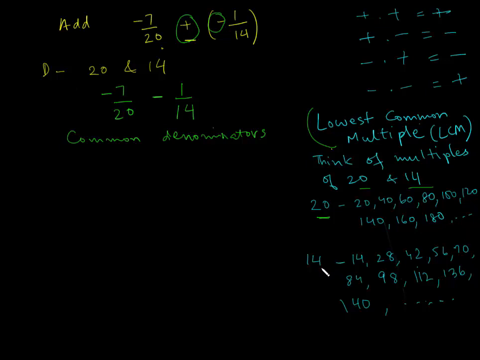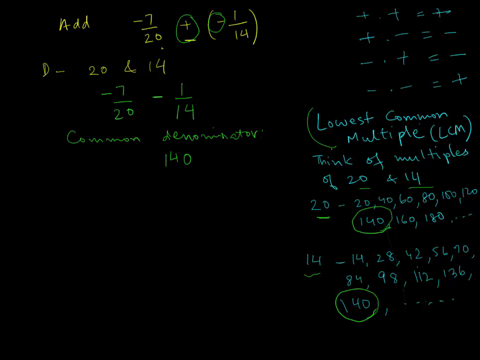And then if we look at the multiples of 14, the list will start with 14 and then 28, 42, 56, and so on. And you know that 14 times 10 is 140. And if you look at the list, the very first number that's common in these two is 140, right? So that means our common denominator is 140. It's denominator and not denominators.